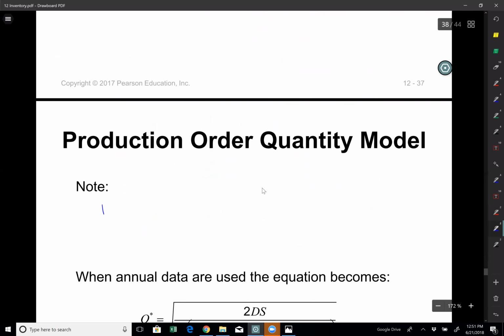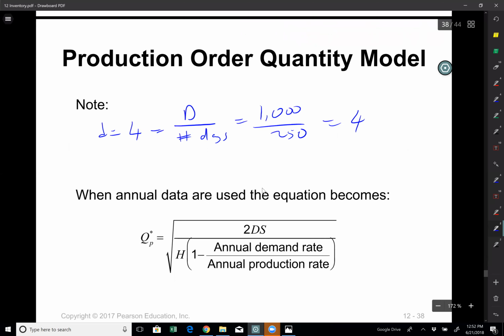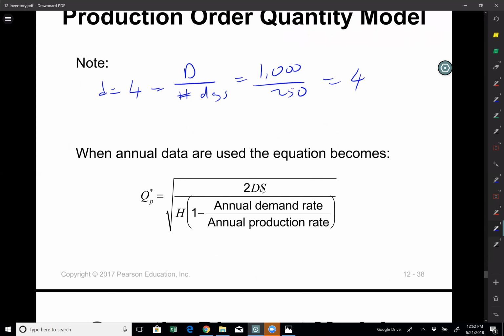So the small d here is 4, which we could calculate from the annual demand over the number of days that we are working. So if the annual demand is 1,000 units, and if you are working 250 days a year, then I can calculate that as 4 units per day. Again, when we use the annual data, you can use annual demand rate here, annual production rate here.